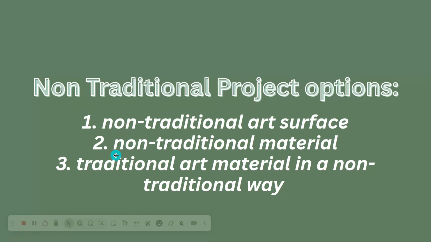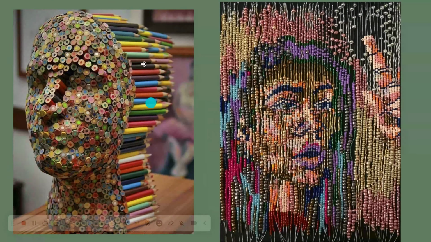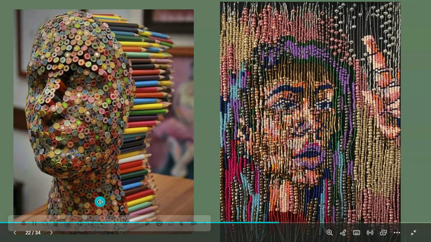Your second option would be to use a non-traditional material, just like the stuffed animals I showed you to create that silhouette. And then lastly, you could use a traditional art material, but in a non-traditional way. So going back to those colored pencils here, this is a traditional material, but you don't normally sculpt with it.